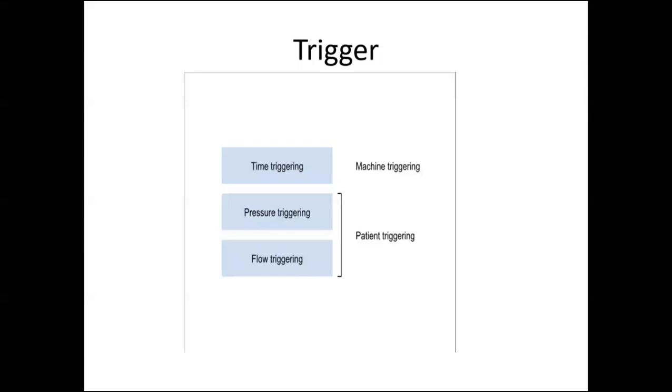When the patient is triggering spontaneously, it will become negative pressure. So your baseline pressure will become negative. But what happens to the flow? It increases above the baseline, because the patient is going to suck in the flow. So the deflection will be on the positive side only.